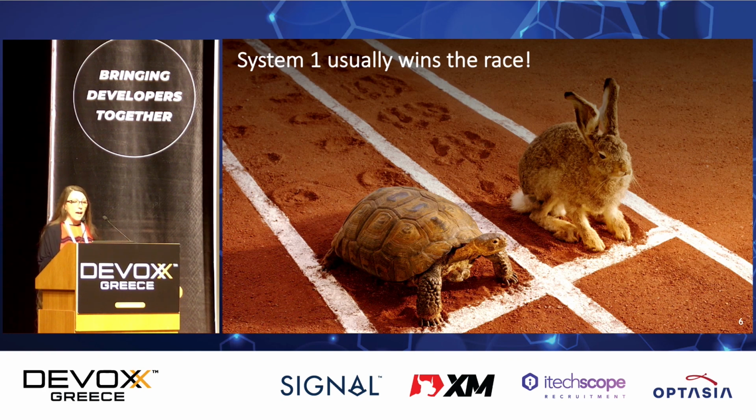Because of its extreme speed and efficiency, so its ability to process a ton of information in real time, system one, so intuition, usually wins the race. So routinely, most of our decisions are really taken by intuition, by the system one agent. And it proposes solutions to system two, which merely approves them.